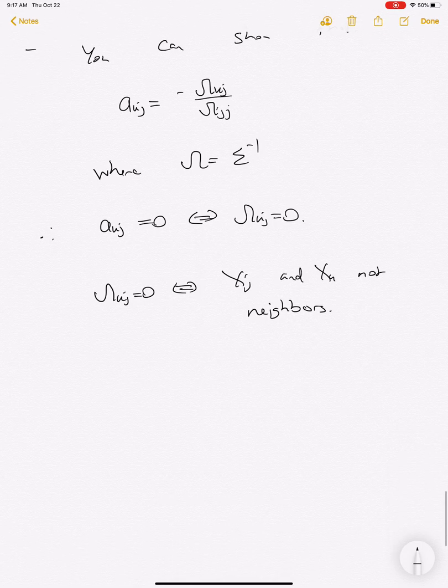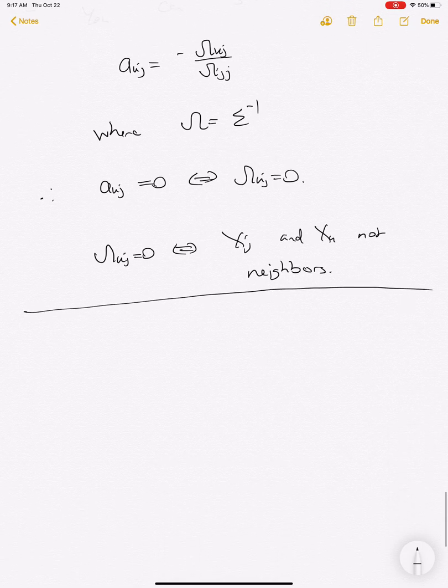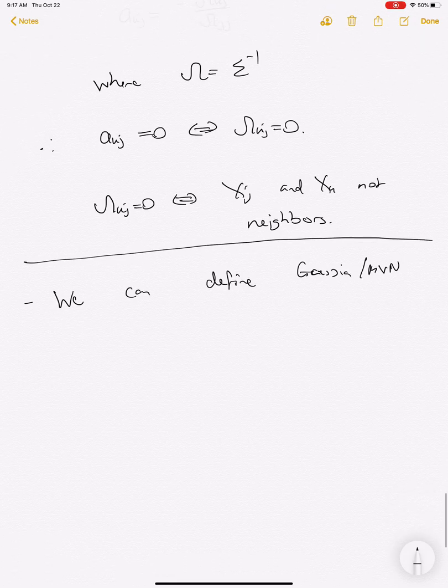Okay, and so we can define the Gaussian or multivariate normal graphical model in terms of p conditional models.